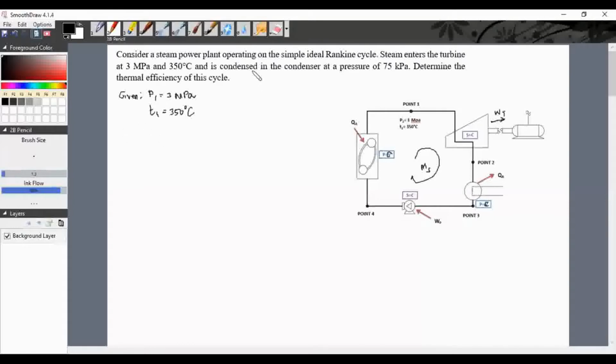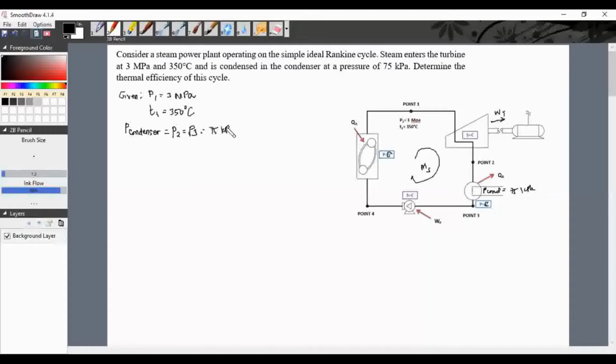And then the pressure at the condenser, dito raw, pressure dito, which is equal to 75 kilopascals. Nagkataon, at this points, point 2 and point 3, yan ay P is equal to C. So therefore, pressure 2 is equal na rin sa pressure 3, which is 75 kilopascal.